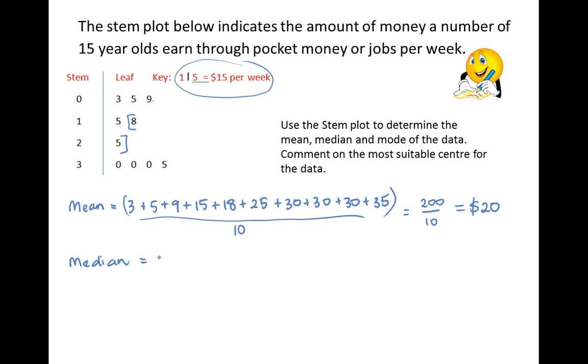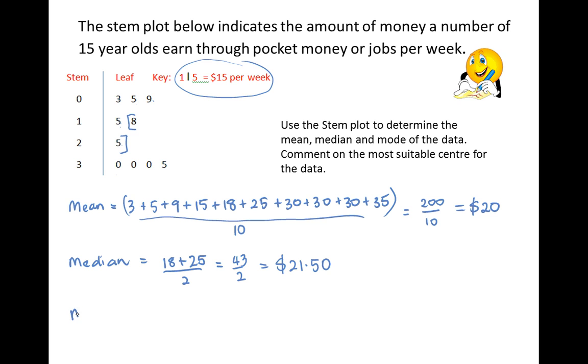So the median of this data is the middle of 18 and 25. And to find the middle of those two numbers, we average them. We add them together, which of course is 43 divided by 2, and we find out that the median value is $21.50.